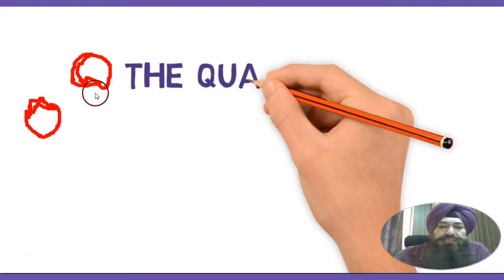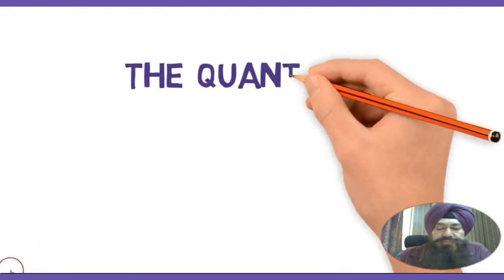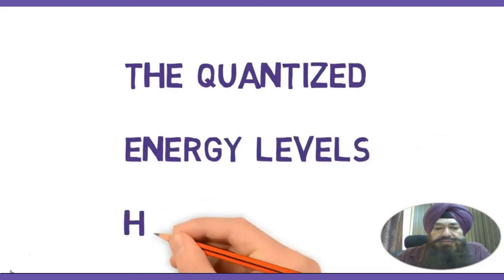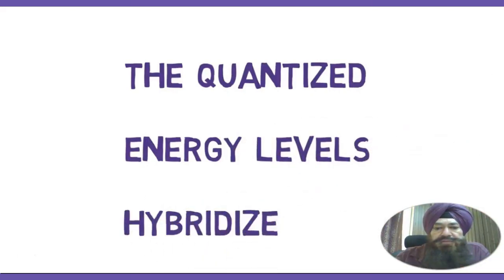But when they are brought close together, what happens? Then the quantized energy levels hybridize. Hybridize means there comes a change in the energy level of the valence electron.